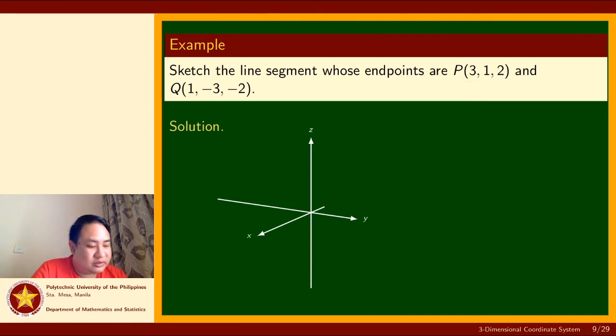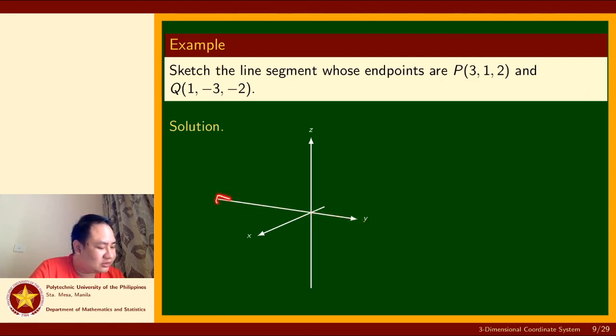So there is no need to show the negative direction of x. The x-axis is sketched as shown. For the y-coordinates, the range of values to be considered is from negative 3 up to 1, so we have to consider some negative values of y and some positive values of y.